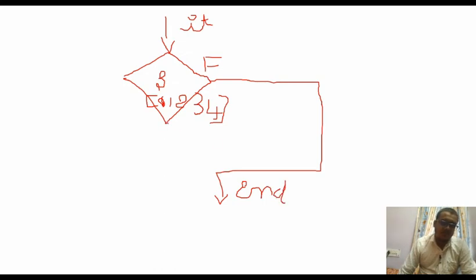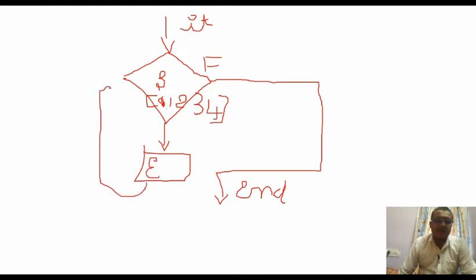If it is true, if you still have any sequence remaining, it will check for the first value, 0. It will check whether it is going to be executed or not. If the number is there, it will execute here and go back to the condition to check if the next sequence is present.